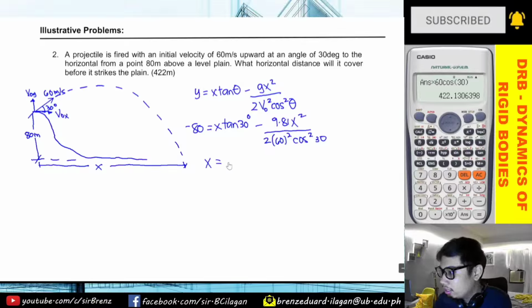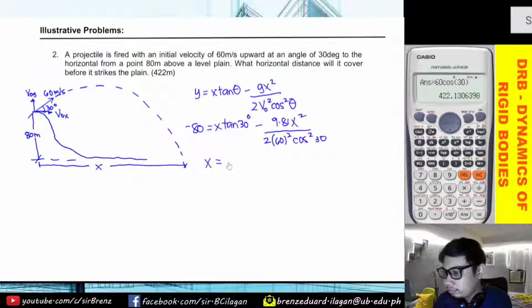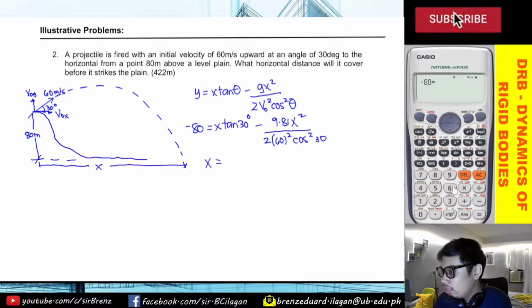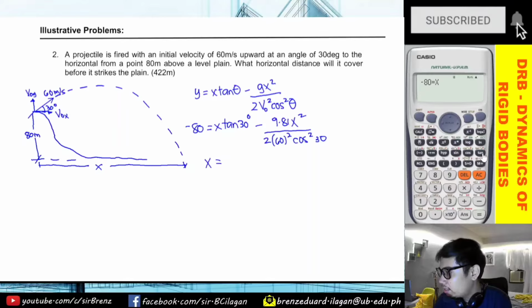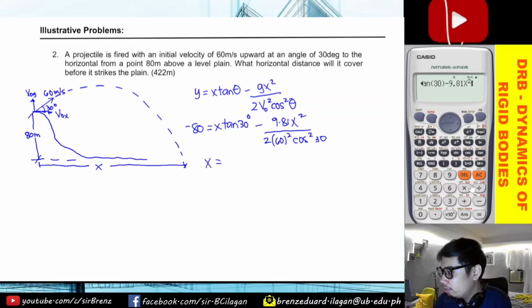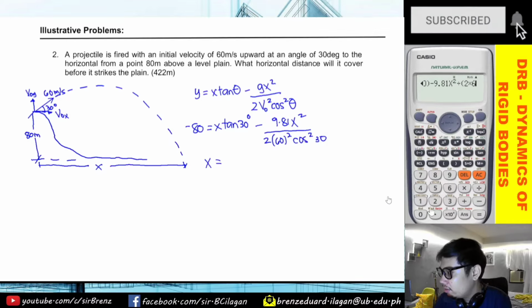So nandito nga pala yung calcu natin. So that is negative 80 equals to x tangent 30 minus 9.81 x squared divided by 2 times 60 squared and then cosine 30 squared.